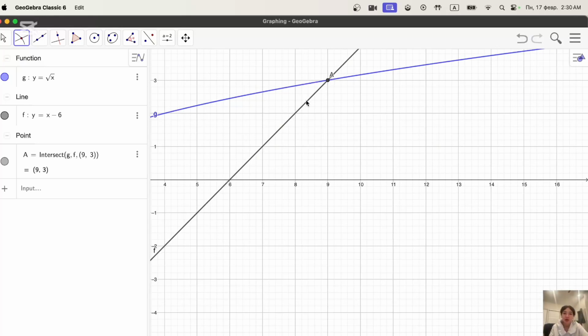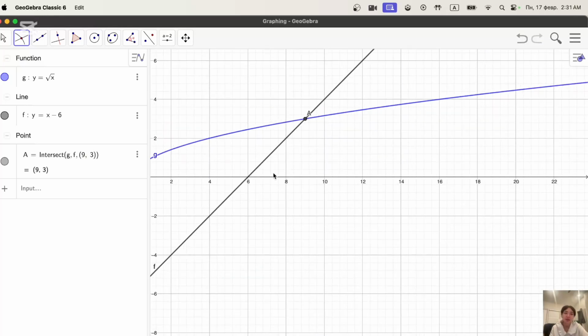We will see here our solution x equals 9, which means the first method and the second method are the same, but sometimes I notice that CAS shows an extra solution, a potential extraneous solution, and that's why it's difficult to answer this question, but the spreadsheet plus graphing approach helps confirm which solutions are correct. For me, the best way is to use the first method and the second method as well.